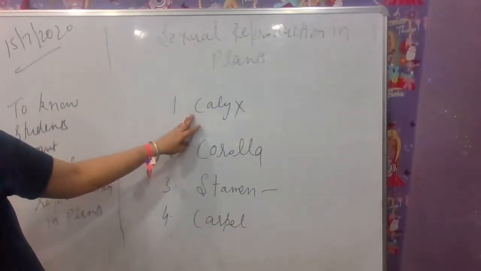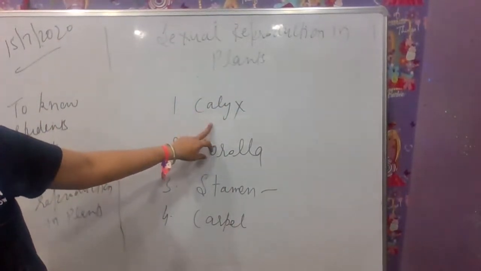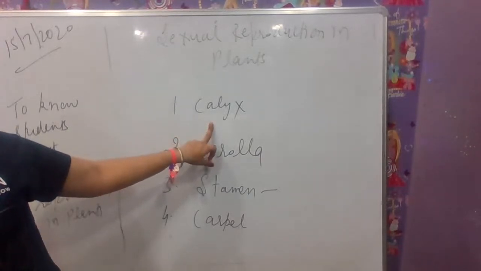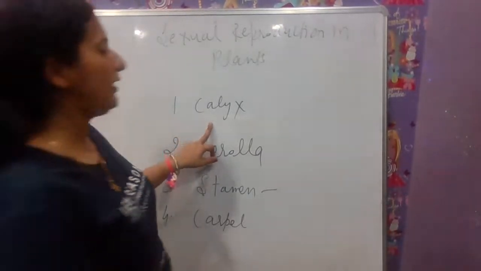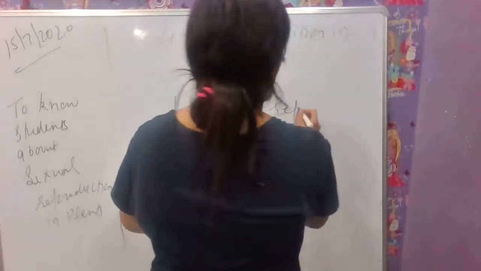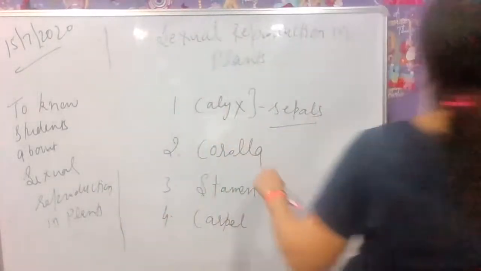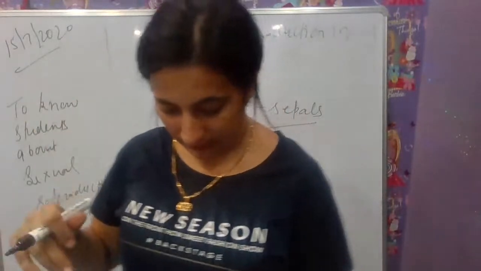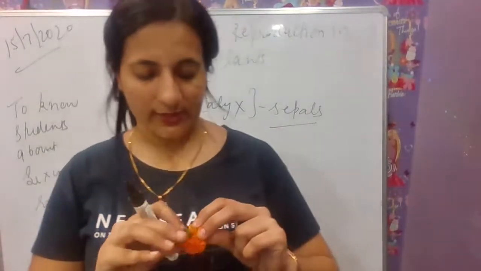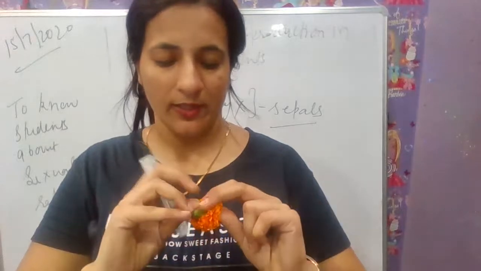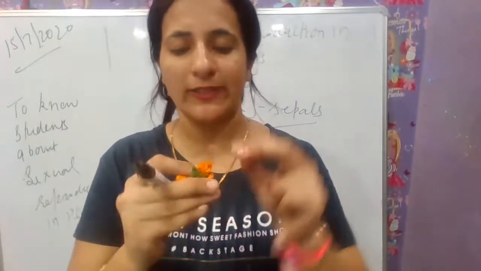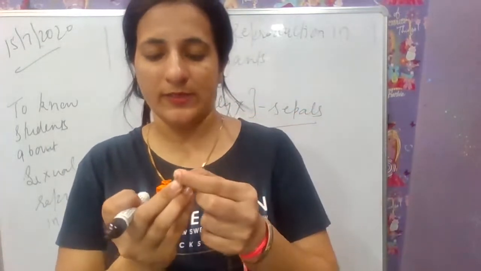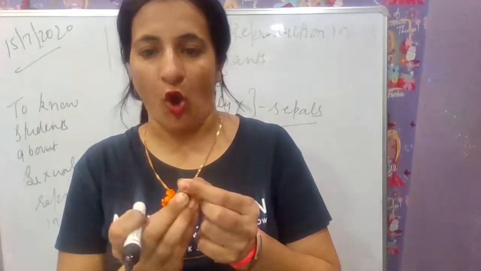What is calyx? It is a whorl of five free, green-colored, leaf-like parts called sepals. What is the function of the sepals? To protect the flower in bud condition. These are the green-colored parts. We also discussed yesterday, first of all, this is the peduncle, this is the pedicel, the stalk.